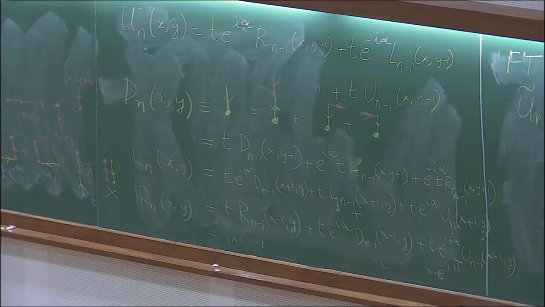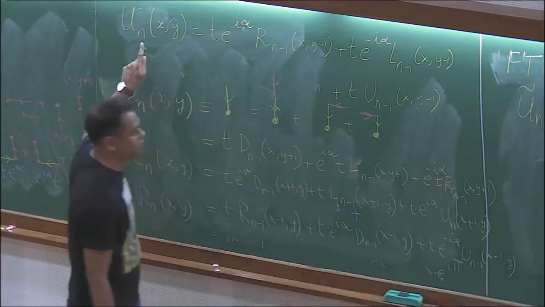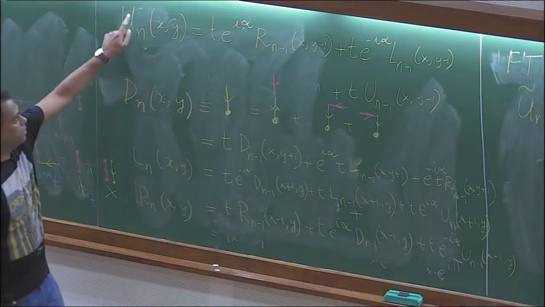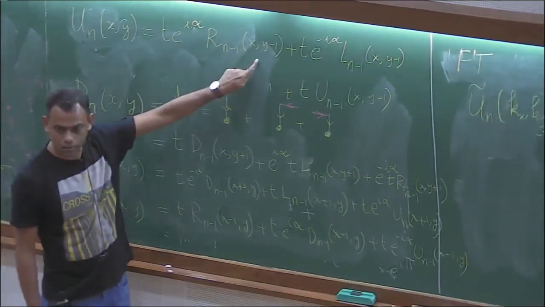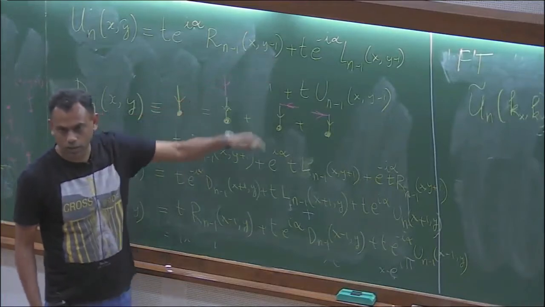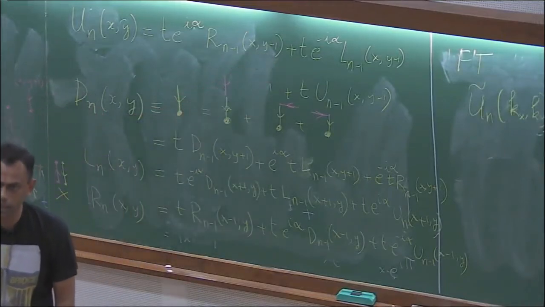So now you can see when I take the Fourier transform of the left-hand side, it gets replaced by un tilde. But if I look at this particular term, I have a Rn xy minus 1. It pulls out a factor e to the minus i ky.